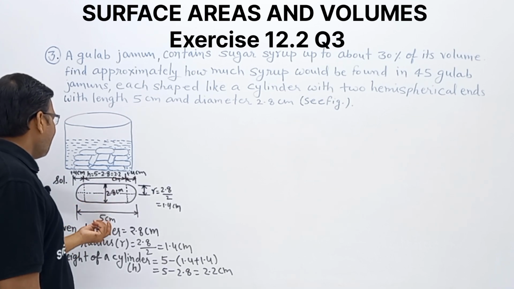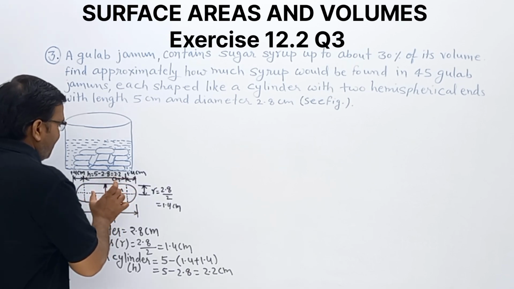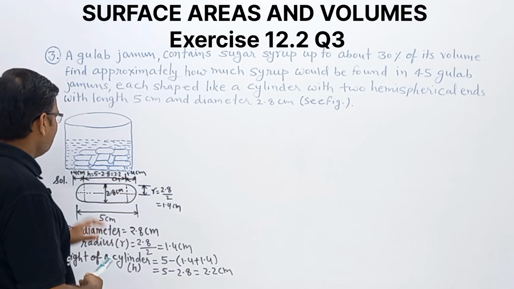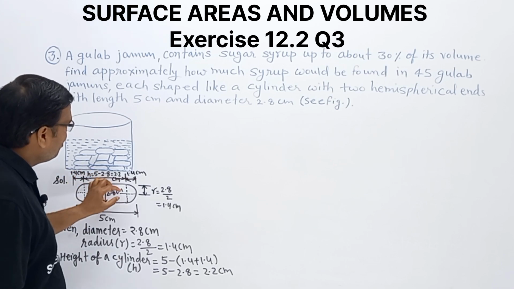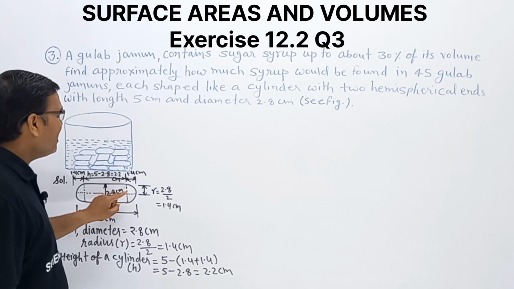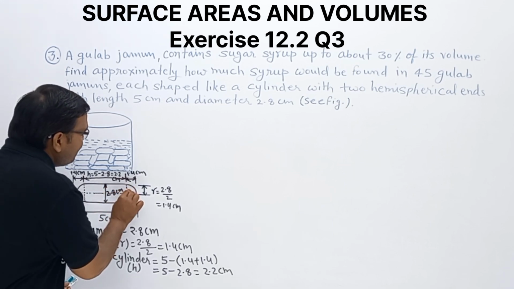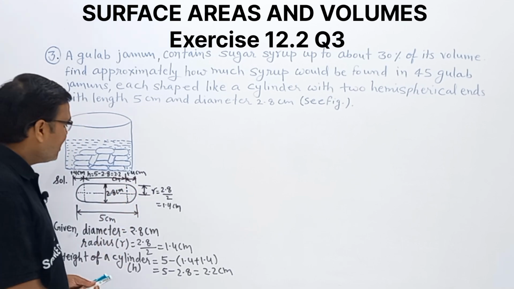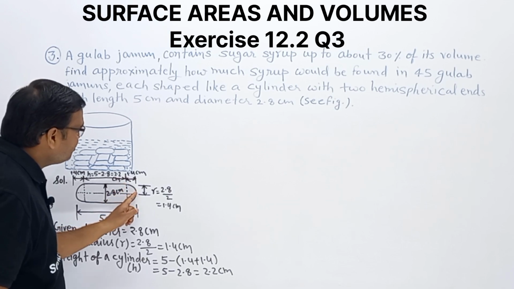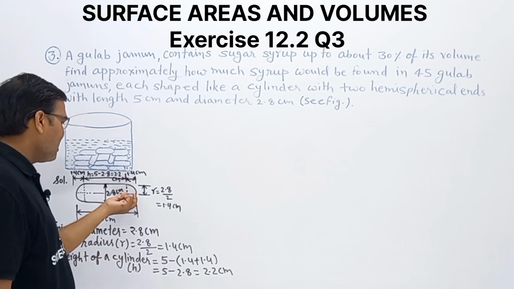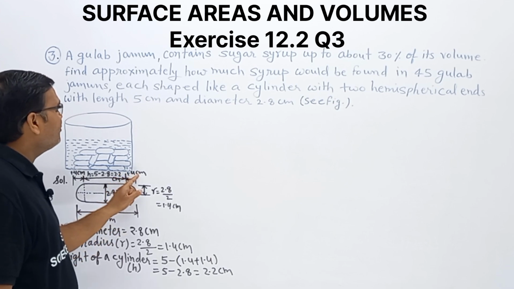Now the total length we have is 5 cm. The gulab jamun has two hemispherical ends, and the diameter is 2.8 cm. So the radius of a hemisphere is 1.4 cm. From this point to this point, the height of this hemisphere is equal to the radius, which is 1.4 cm.